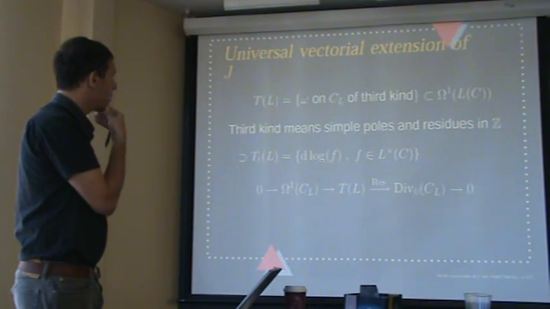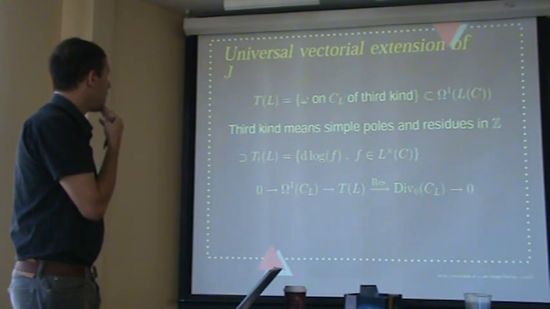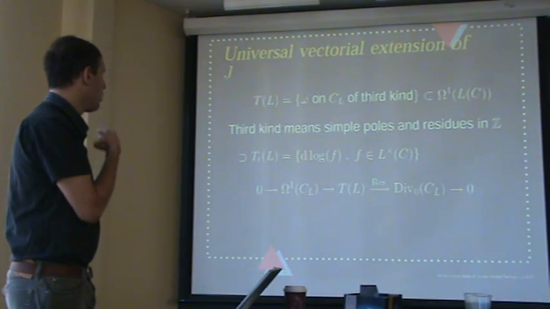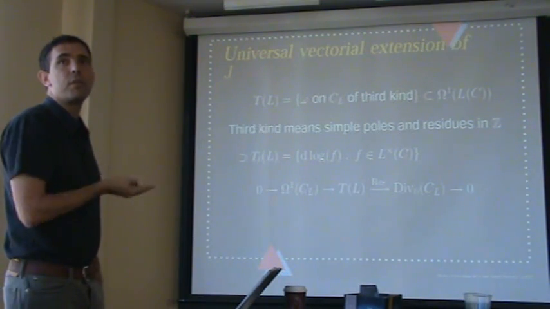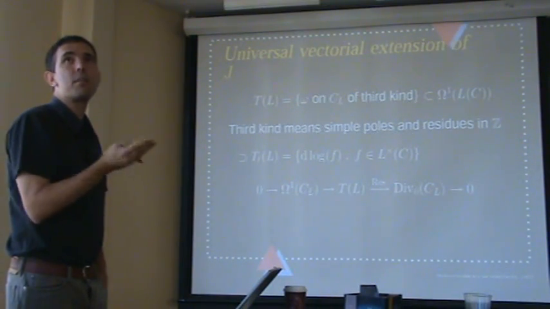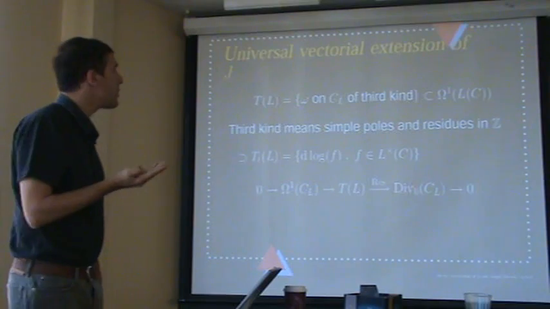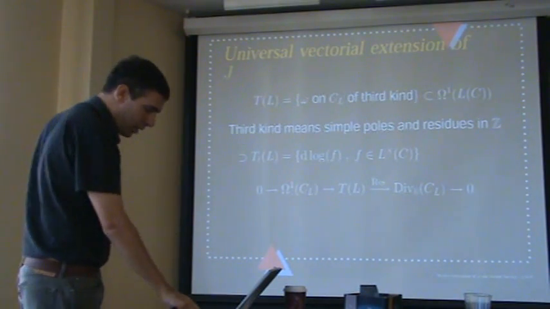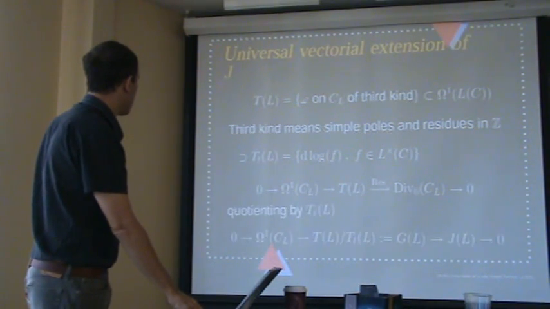One can show easily, by Riemann-Roch, that it's surjective. And the kernel is just the holomorphic differentials, because if the form only has simple poles and the residue divisor is 0, then it's actually holomorphic. So there's this short exact sequence.